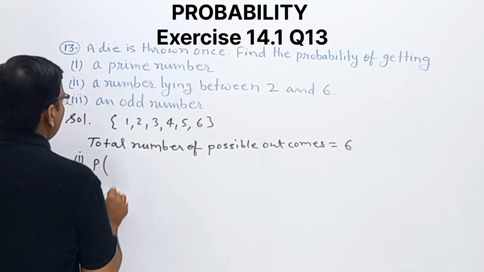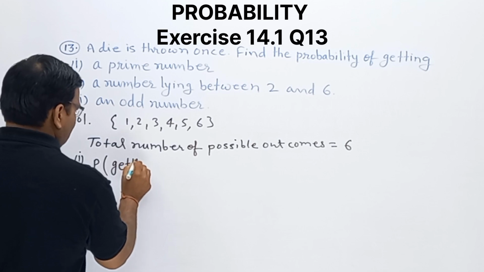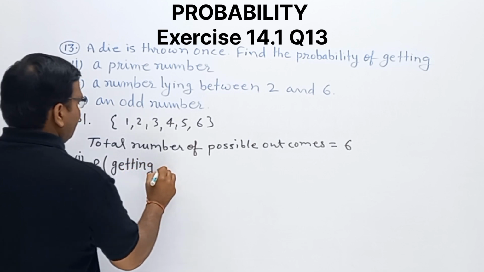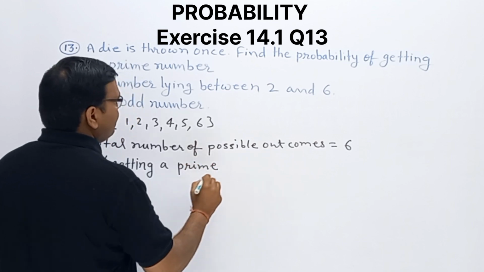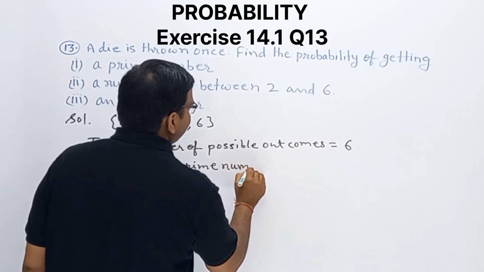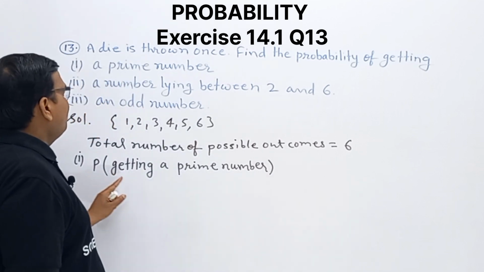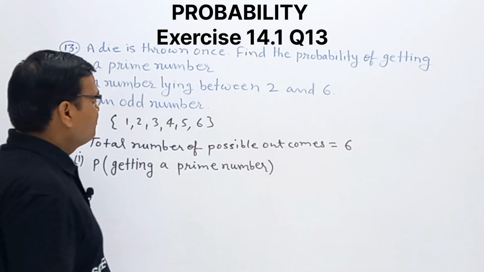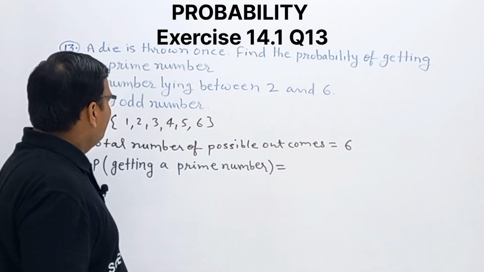Probability of getting a prime number. Easy question. What is the formula of probability of an event?